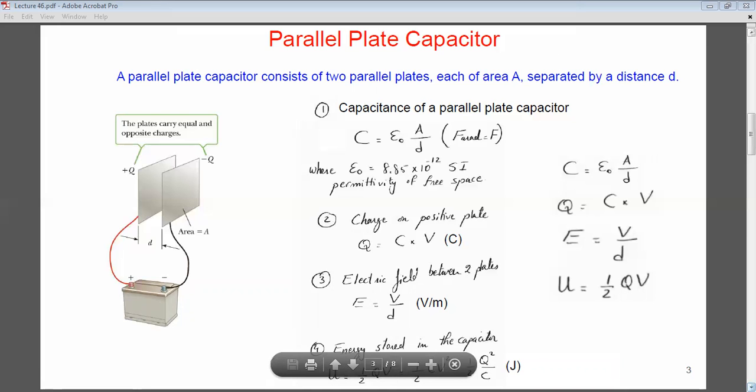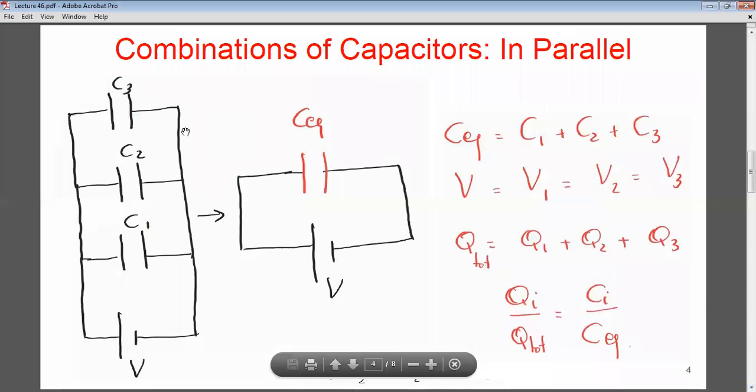Now, usually people tend to combine capacitors in order to get a certain amount of capacitance. And the two simple ways of combining these capacitors is in parallel, where the C equivalent will be the summation of these 3 capacitors, okay?